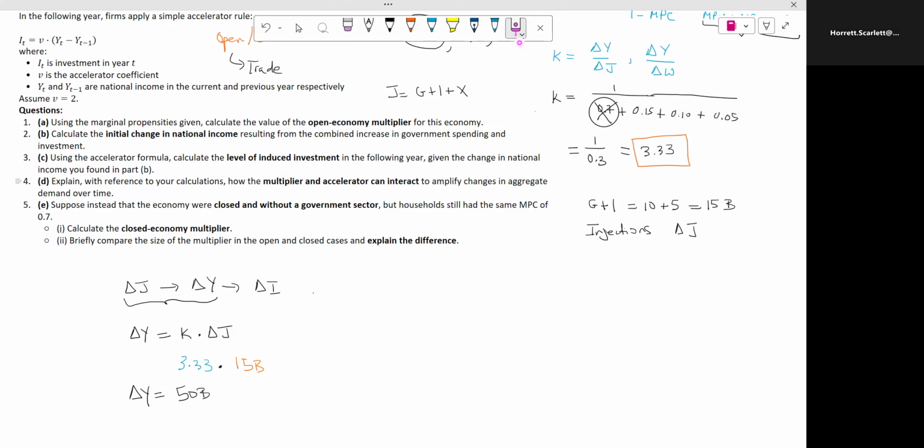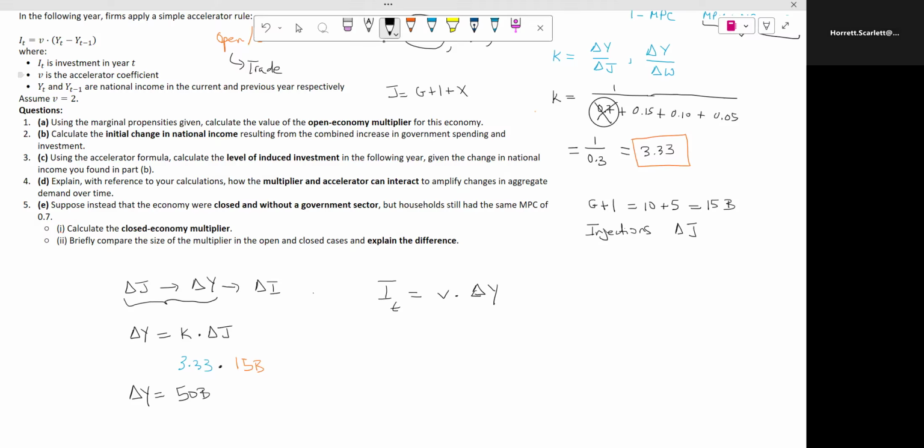All right, then it says we now need to calculate the induced investment. So let's drop that formula here. We know that induced investment is going to be equal to some factor. We call that factor V, times the change in demand.